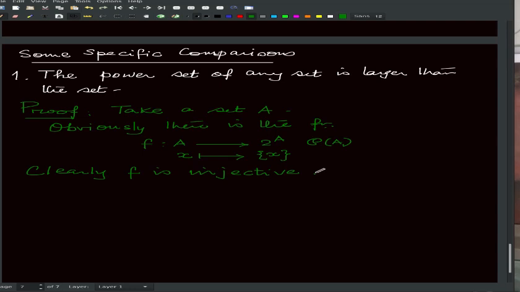Now, is it possible that there is a bijection between these? Bijection means it must be injective and surjective, but I say something more. So if possible, let G be a surjection.